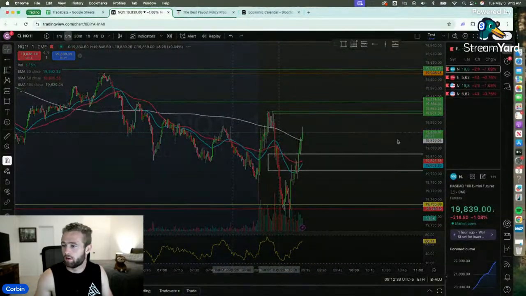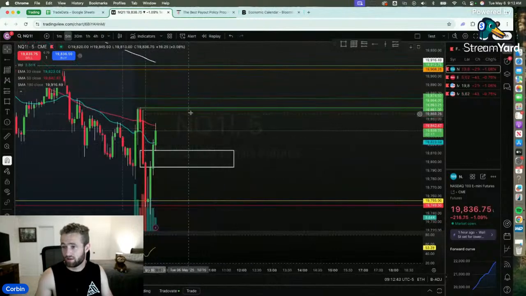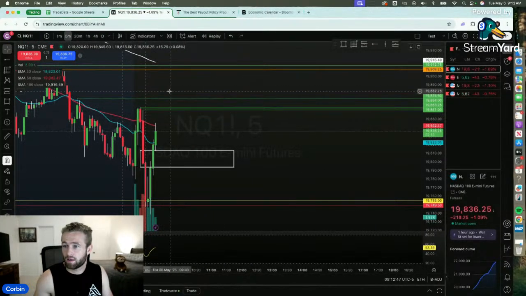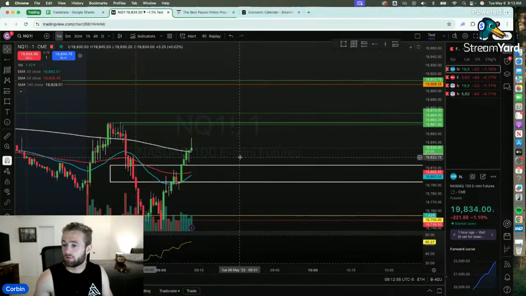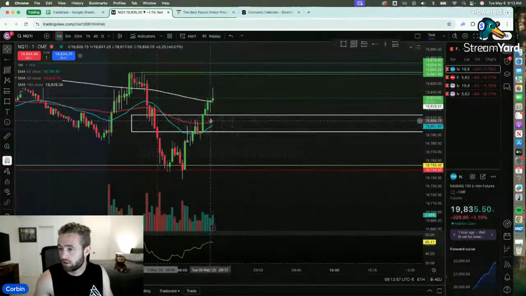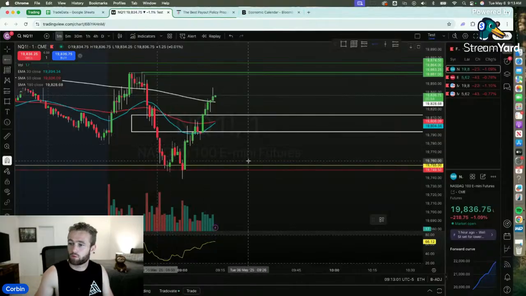And then after that, what do we got? After that, the next one we have is going to be a 1 hour draw on liquidity to the upside. I would really like to see. So where's our lows? These are the lows we're forming.